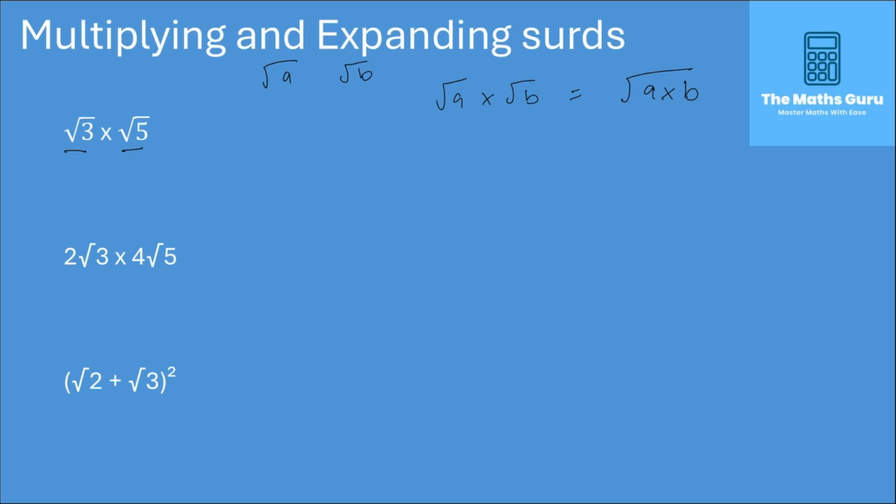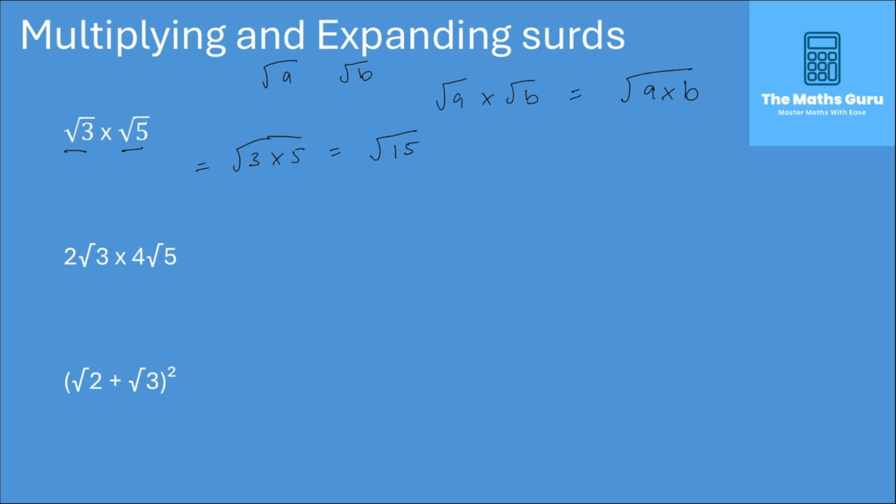So in this case, root 3 times by root 5 will be root 3 times by root 5 under one square root function. Therefore, the whole surd will be root 15, and that is a surd because it cannot be simplified anymore. And if you put this into your calculator, you'll end up with a decimal, so we cannot write it as an integer.